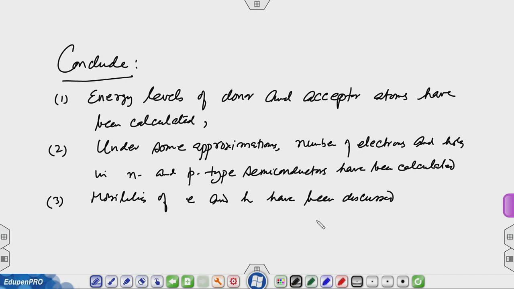It is usually seen that mu h is less than mu e, and this affects the transport properties or conductivity and other transport properties of these systems.